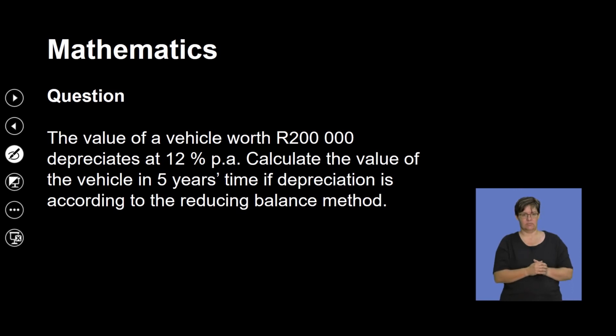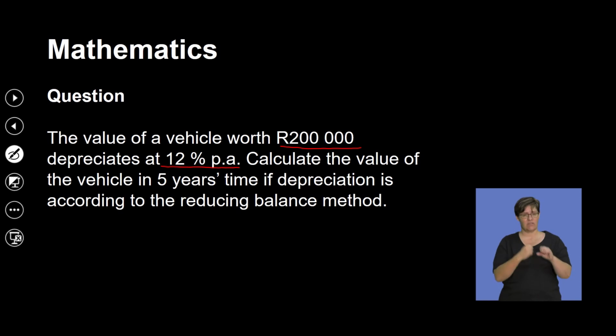Now, the value of a vehicle worth 200,000 depreciates at an interest rate of 12% per annum, and the principal amount, or the present value when you bought the vehicle, was 200,000.